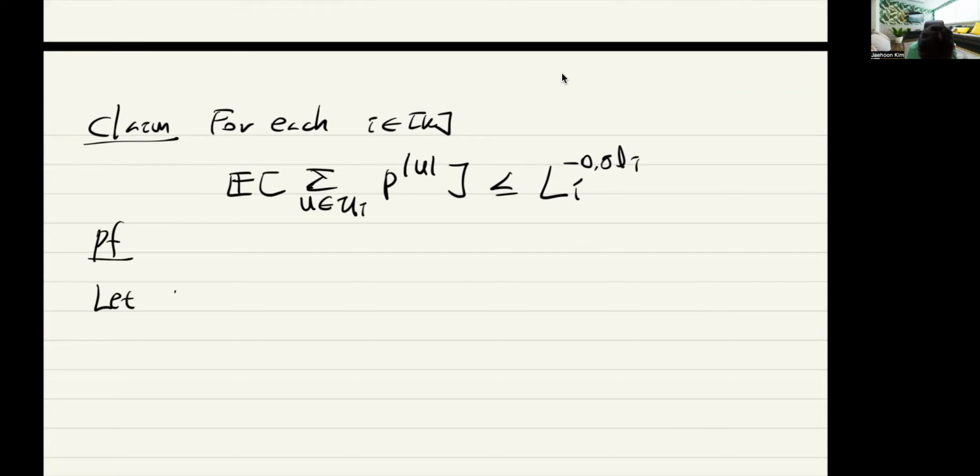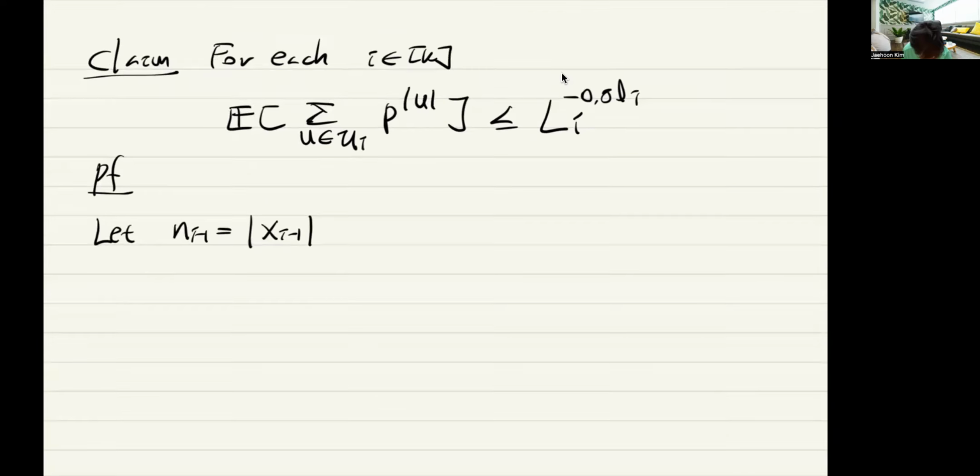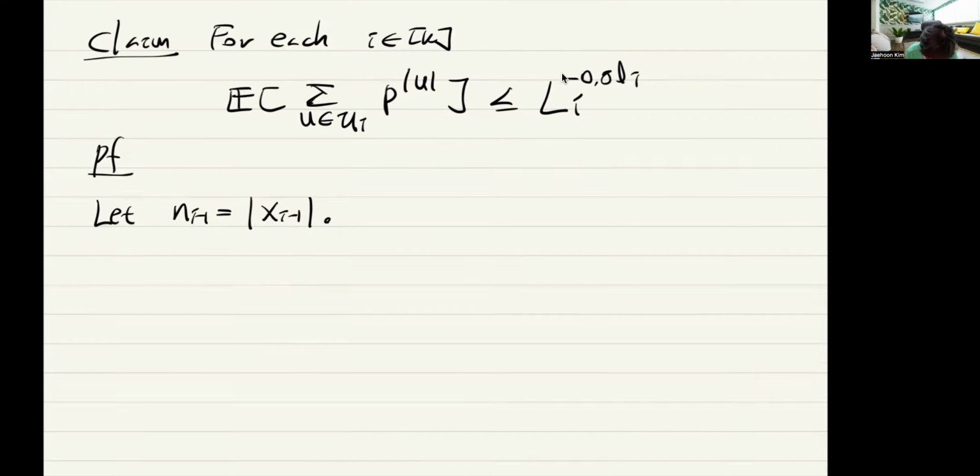Let's say n_{i-1} is the size of X_{i-1}. I mean, it's roughly n, but you have scooped out some parts like Wi, so you may have a slightly smaller value. But it's essentially n. And let's say you consider this, let's give a name that A is the expectation of this.